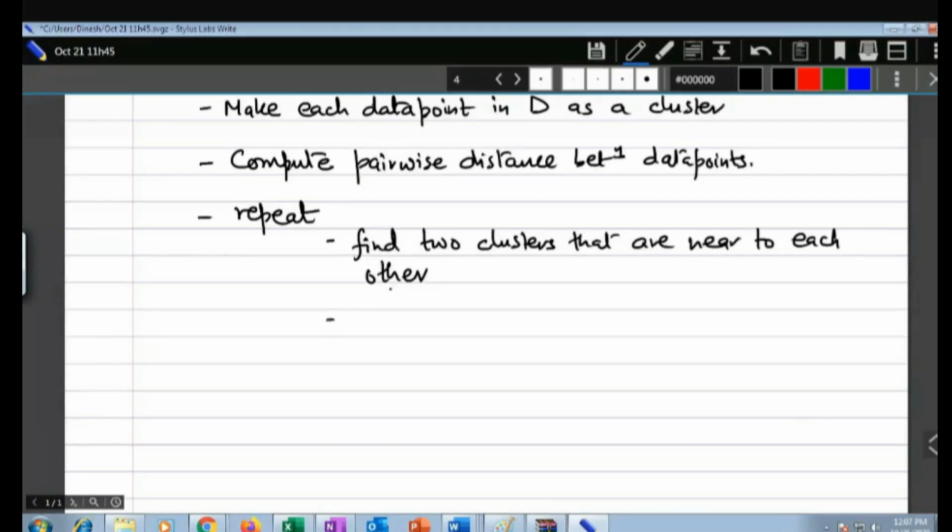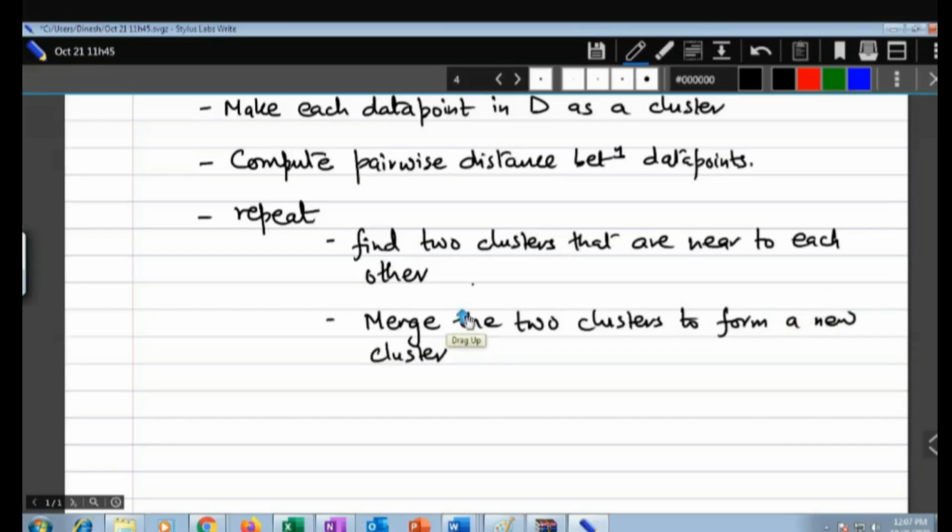Then you merge the two clusters to form a new cluster.